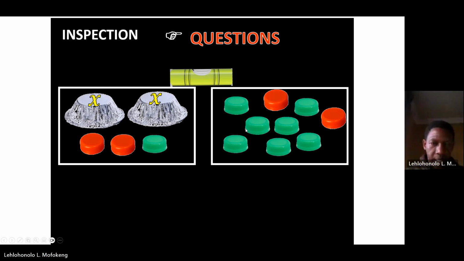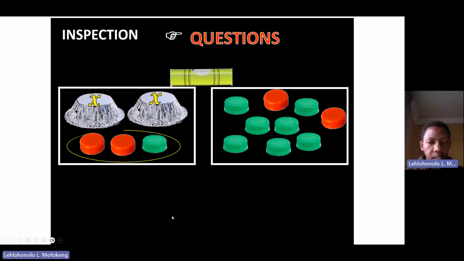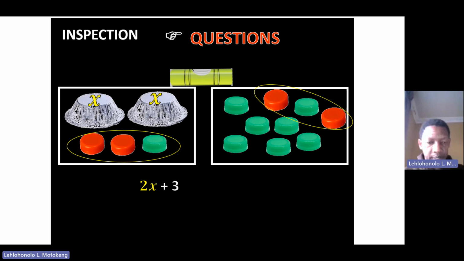And then if we are solving this equation by inspection, it simply means we just check this. We have this 3 that is on the right-hand side as well as on the left-hand side. And then the left-hand side is represented by 2x plus 3, which is equal to 9.